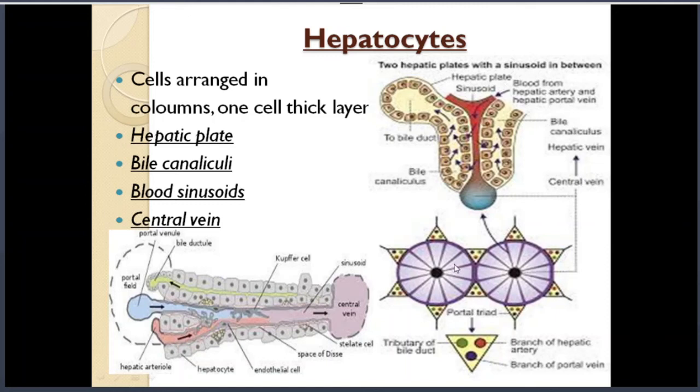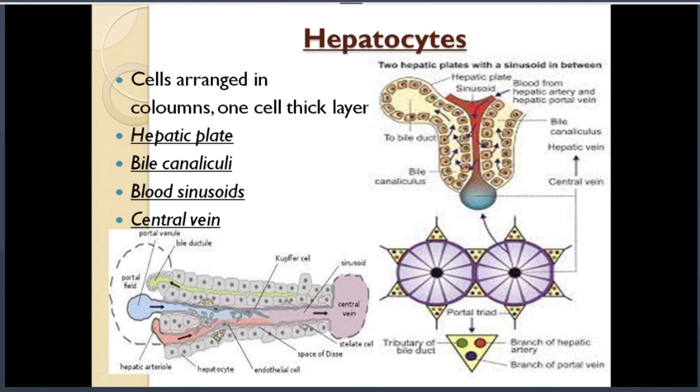So this is the structure of a single lobule, in which, in these triangles, you can say that the hepatocytes are arranged. On the periphery of each lobule they have portal triads. Portal triads are the vessels that are supplying the hepatocytes or hepatic lobules. They have 2 blood vessels, the portal vein and hepatic artery, and 1 bile ductule, that is the interlobular bile ductule.